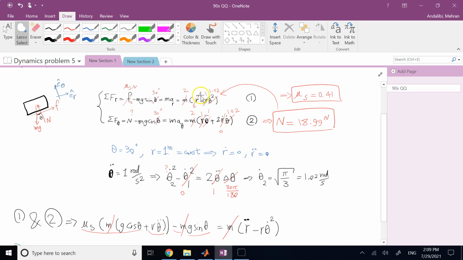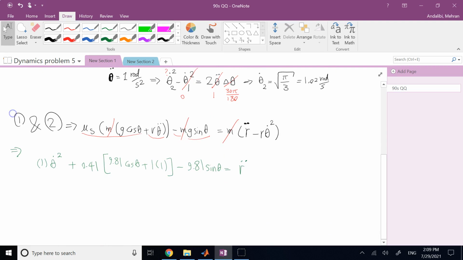When r double dot gets non-zero, it means r dot is going to change from whatever it is right now, which is 0, to some non-zero value. And when you get a non-zero r dot, then r is going to change, correct? So for r to change, you need a non-zero r dot. For r dot to change, you need a non-zero r double dot. So you need to focus on r double dot and see how the radial velocity is going to change.